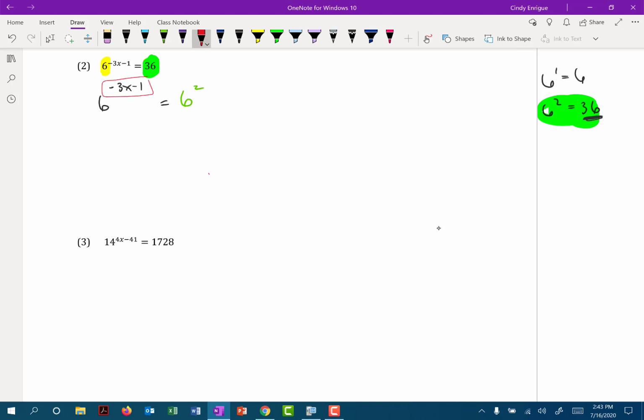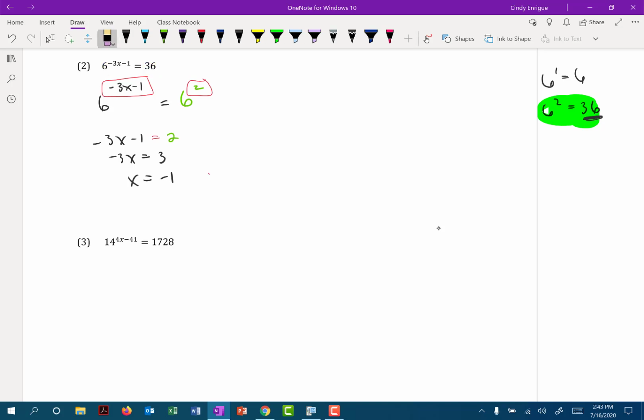So now I have the same base, so I can set my exponents equal to each other. So negative 3x minus 1 is equal to a positive 2. So I'm going to have a negative 3x is equal to a positive 3. So x is equal to a negative 1. And of course, you always want to verify.